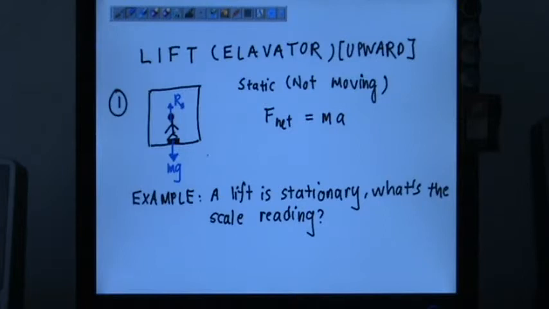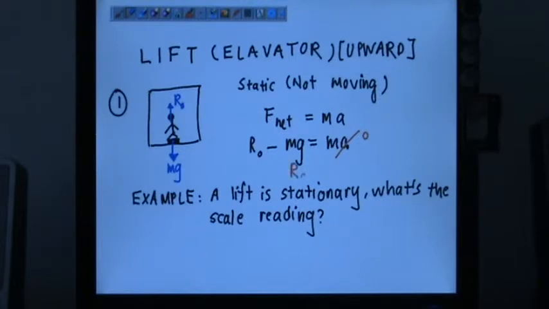Assuming this is going up, I will just assume that R will be greater than mg. But you have to understand that there is actually no motion whatsoever here, so it has to be 0.